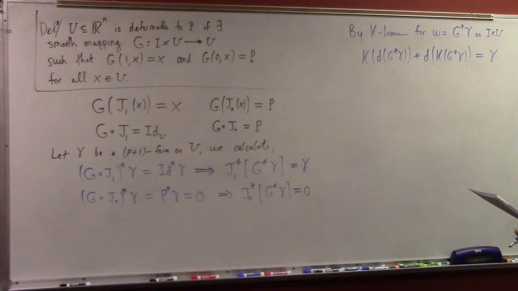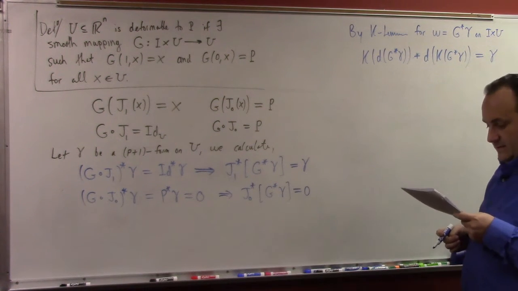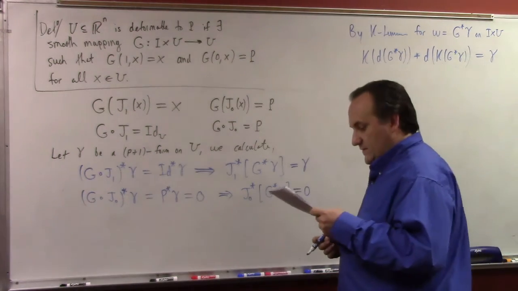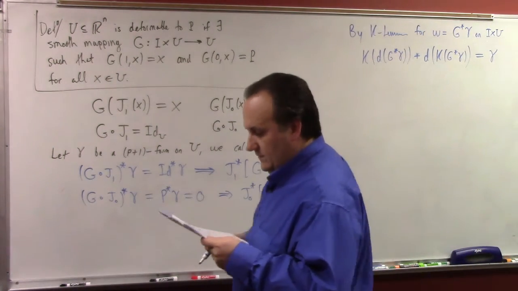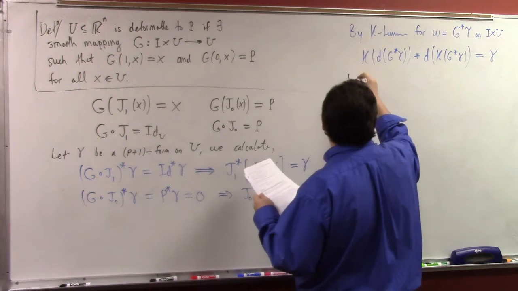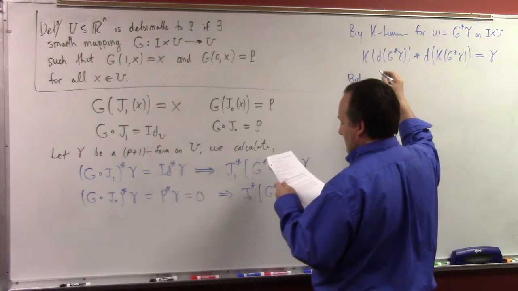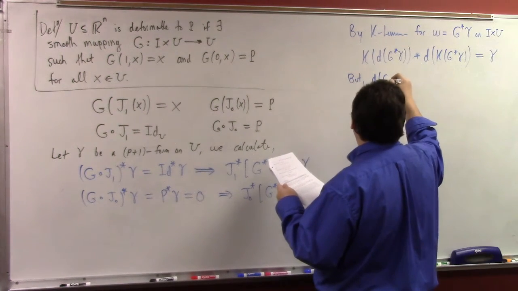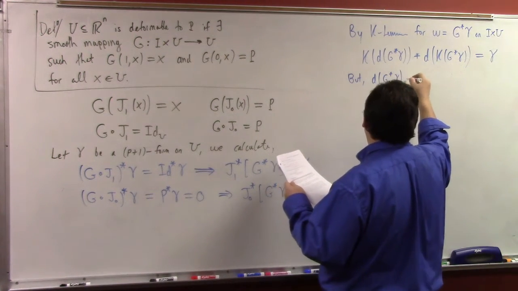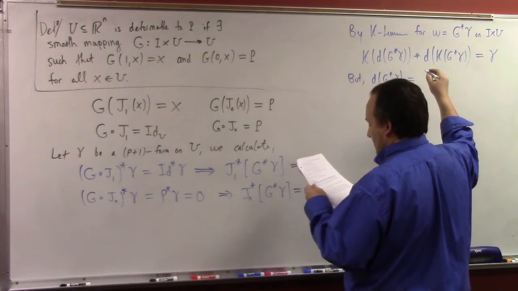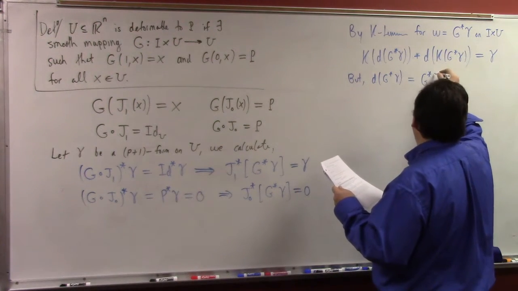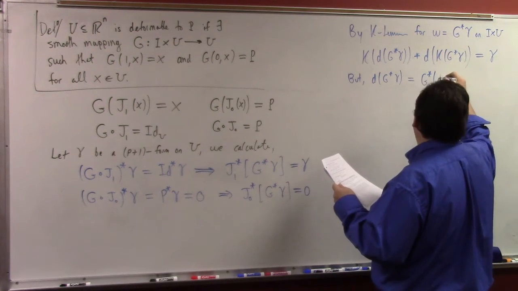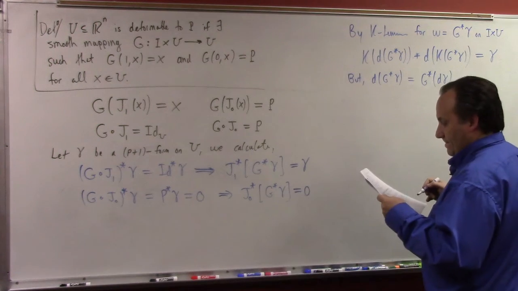However, we have proved that pullbacks and exterior derivatives commute. So what else do we know? The exterior derivative of G pullback gamma is the same as the pullback of D gamma, right?